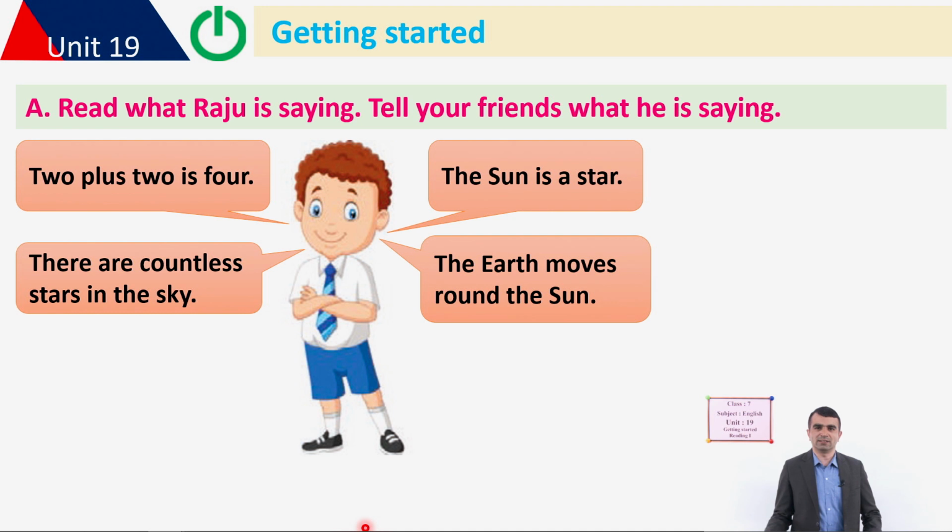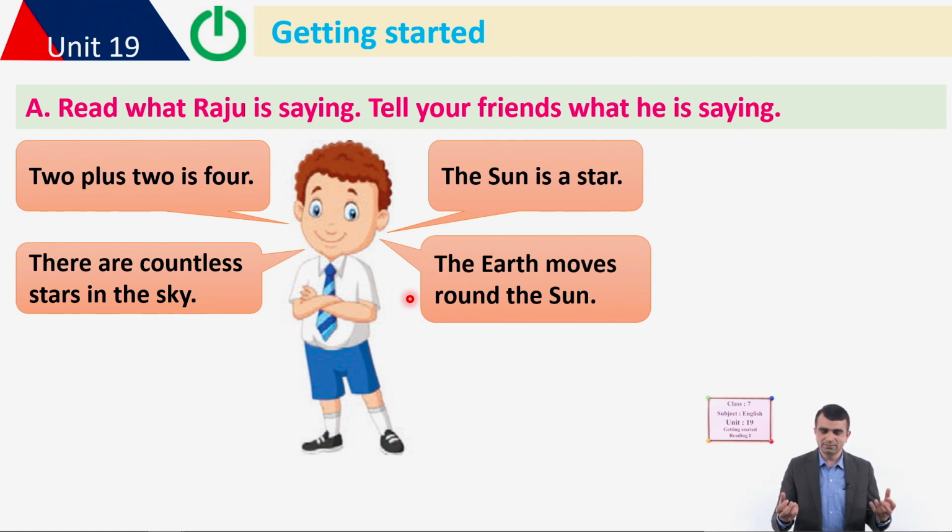What can you see here in the beginning of your book under getting started? Now read what Raju is saying. Tell your friends what he is saying. Here is Raju. He is speaking. He is saying some facts, some truth. What is he saying?